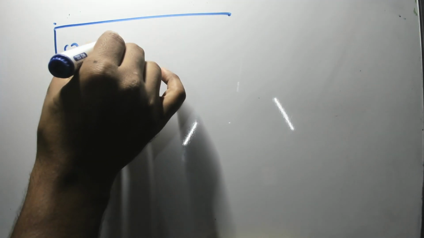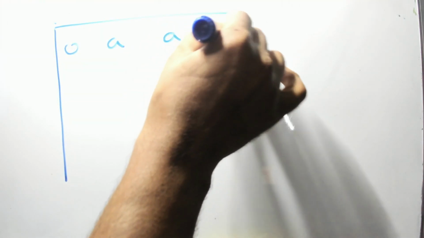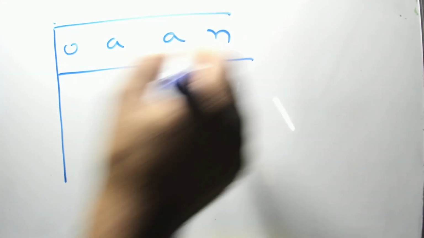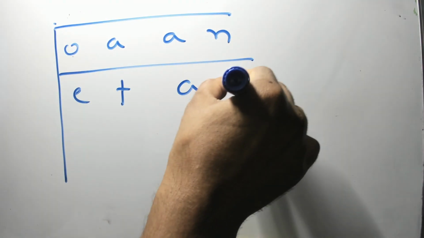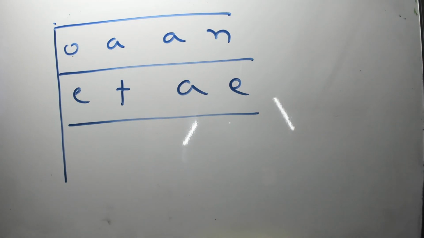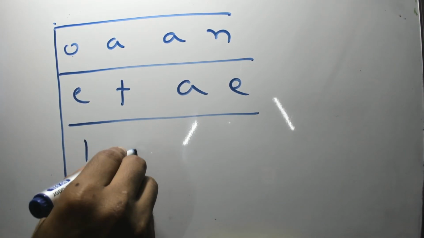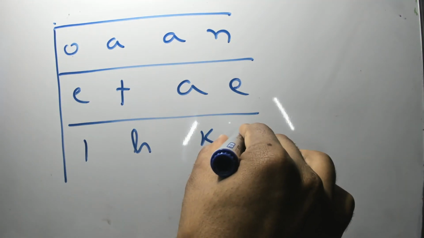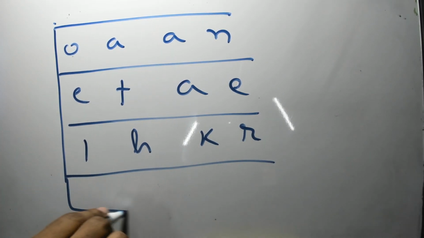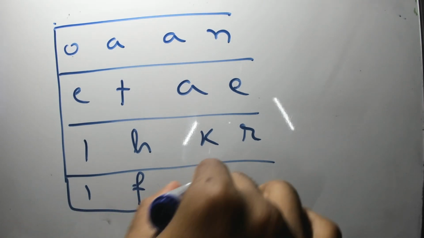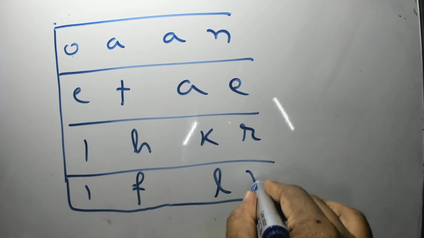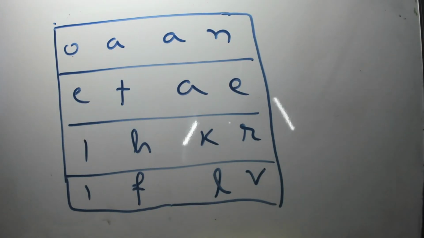That is a grid containing O, A, N in the first row, and in the second row it contains E, T, A, and E, and in the third row it contains I, H, K, R, and in the fourth row it contains I, F, L, and V.